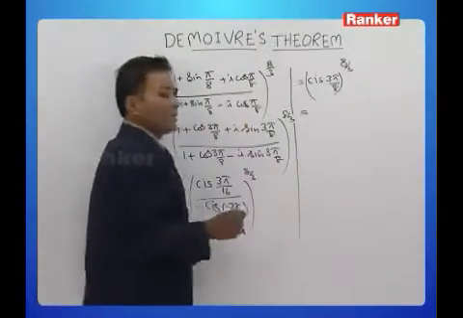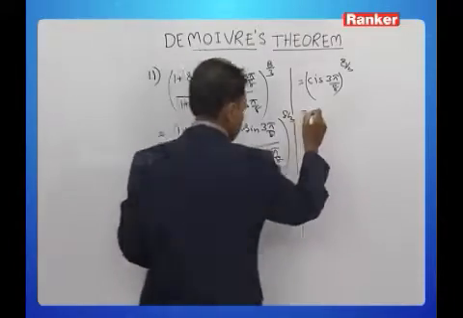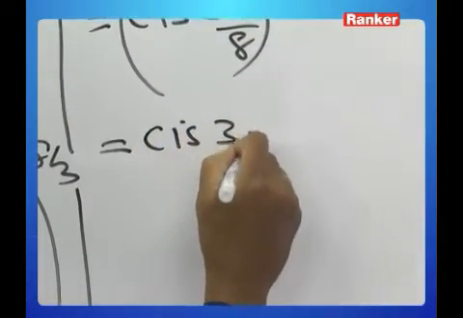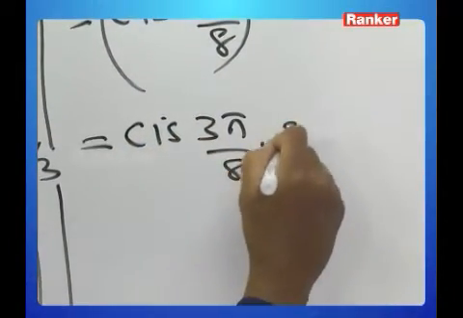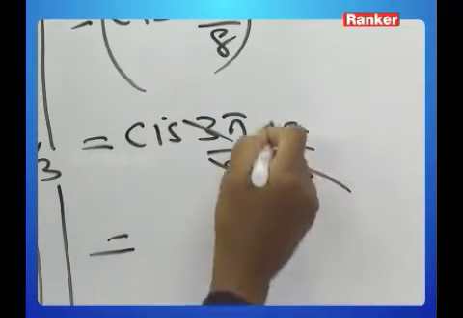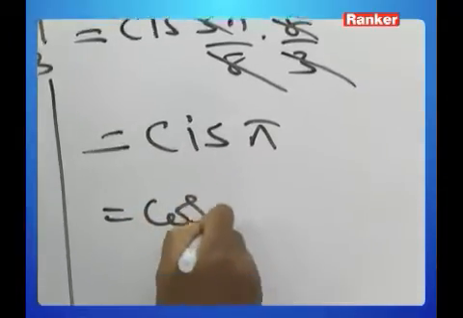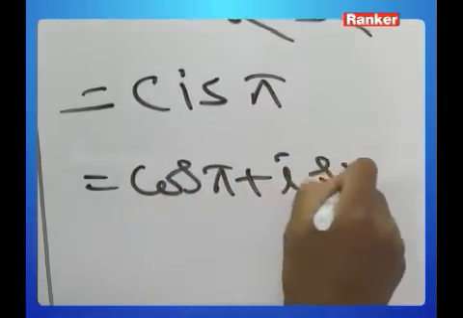According to de Moivre theorem, cis theta whole power n becomes cis n theta. So, 3 pi by 8 into 8 by 3. So, 3 cancel, 8 cancel, cis pi, that is cos pi plus i sin pi.